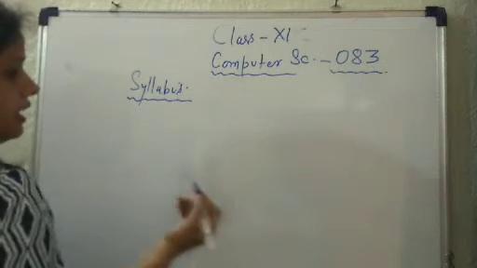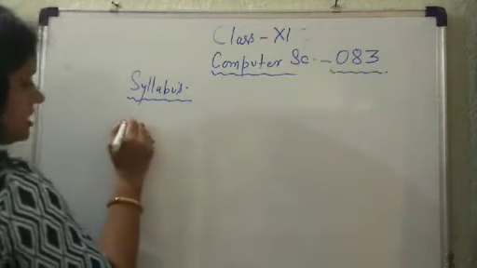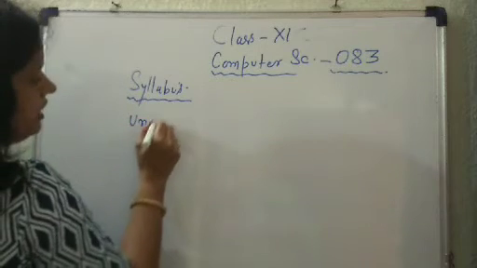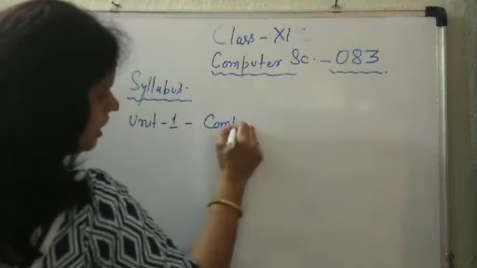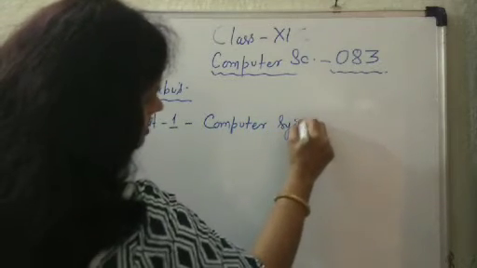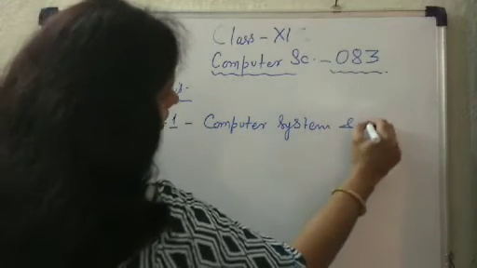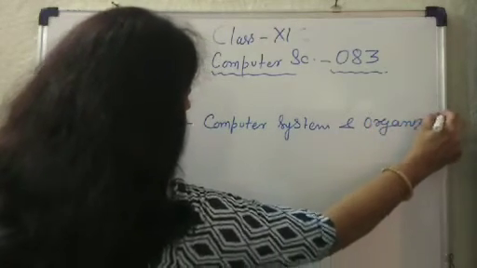There are 3 units. I'm not going to tell you details of all the 3 units, just the unit headings. Unit 1 is computer system and organization.